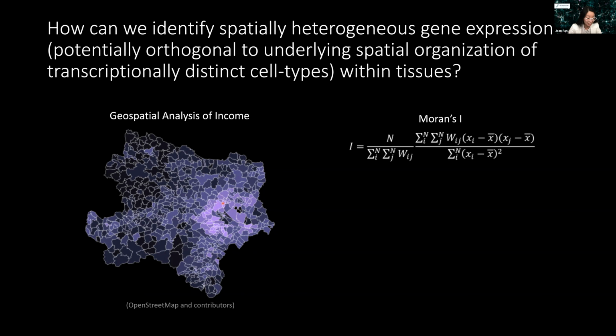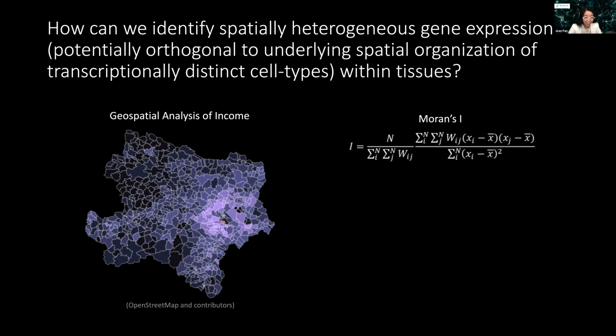The income of, say, this county here is highly correlated with the income of its neighboring counties. So in this particular case, people in geospatial analysis have used Moran's I to quantify that income exhibits very high spatial autocorrelation, that it's not random.